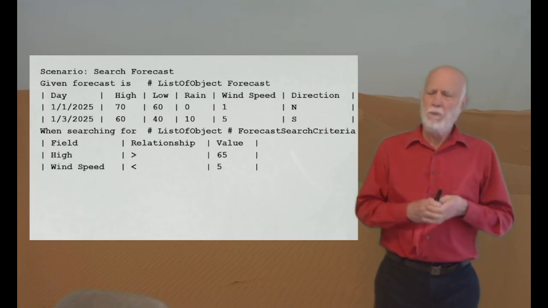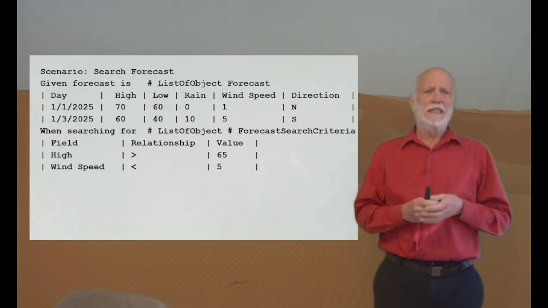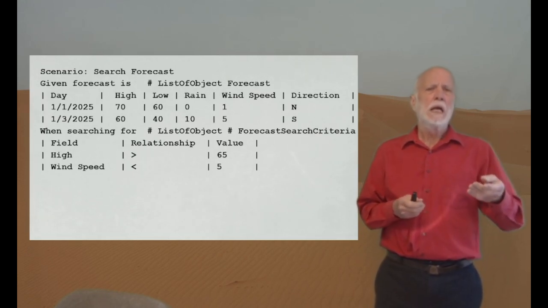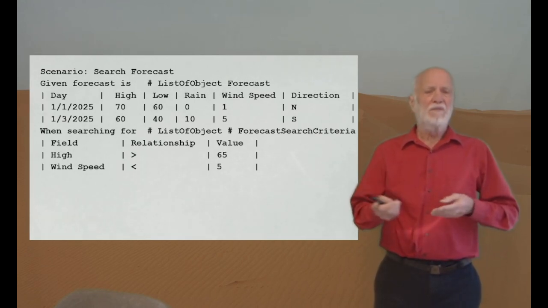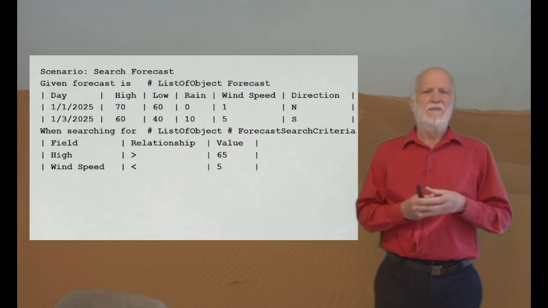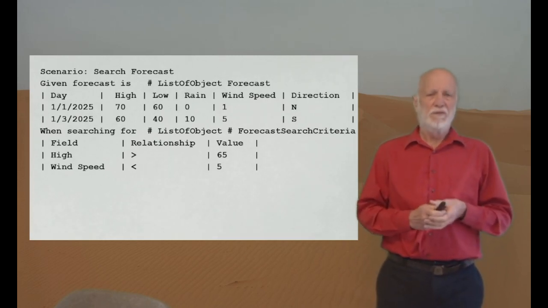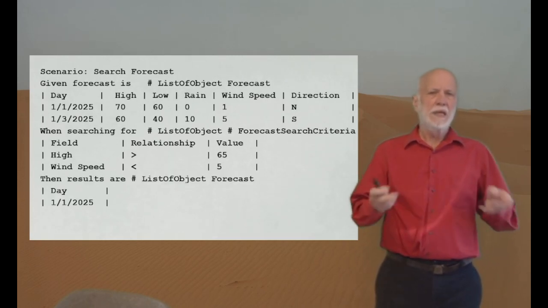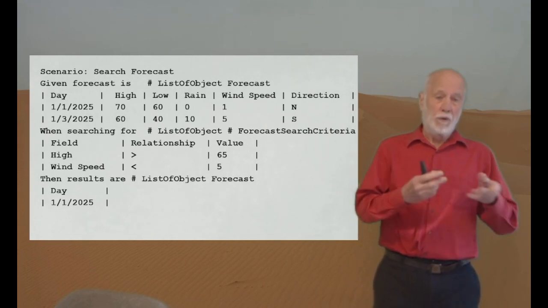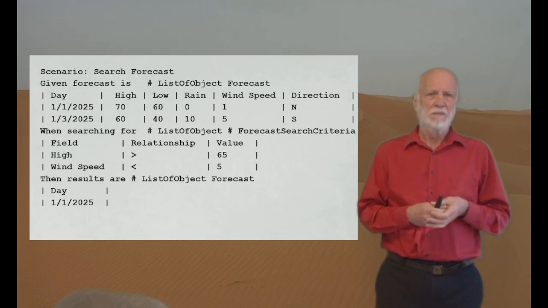So we may want to search all these forecasts, and we're going to have a forecast search criteria. And that consists of a field name, a relationship, and a value. So we have high greater than a value of 65, wind speed less than a value of 5, and then our results are a forecast for a particular day, that 1/1/2025.